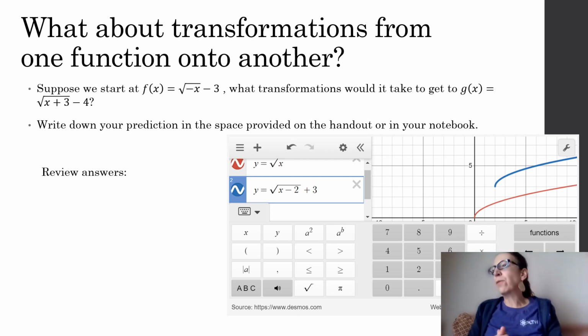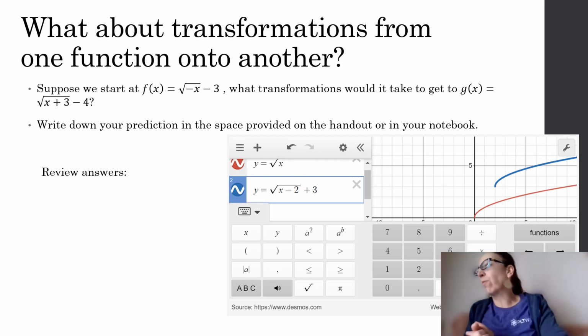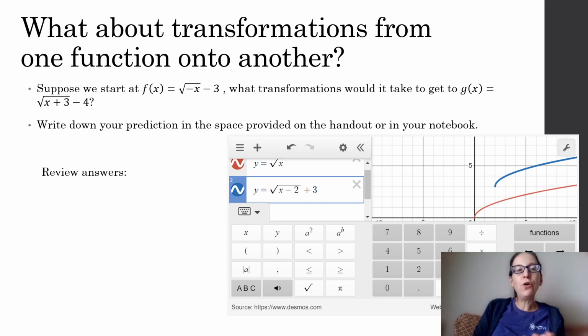All right, now the next one: what about transformations from one function onto another? So instead of transforming from the parent function, what if we started at one function and we're going to another function, neither of which are the parent? I know I made a change in the outline to the PowerPoint, because the outline has y1 and y2, and when I did this for the PowerPoint, I did it as f of x and g of x, to avoid duplicating that y over and over.